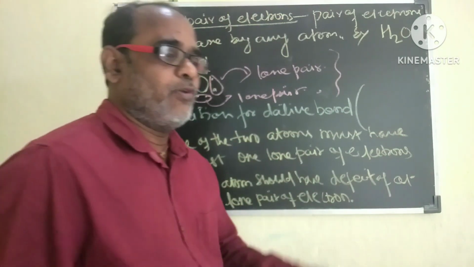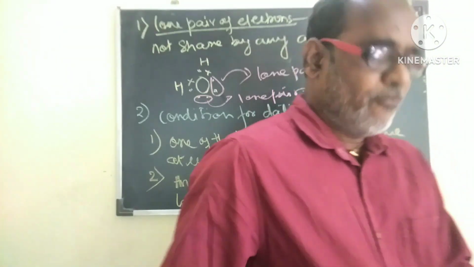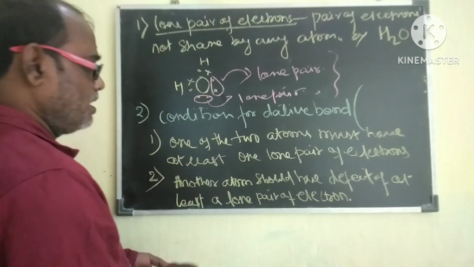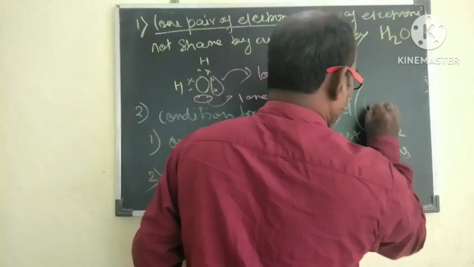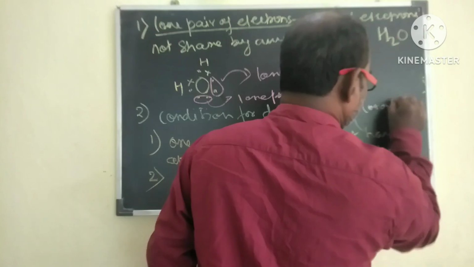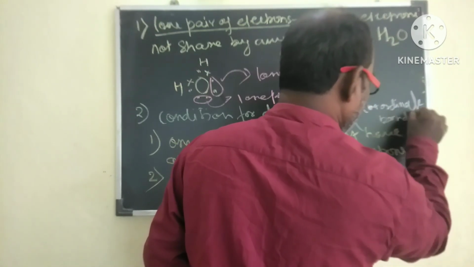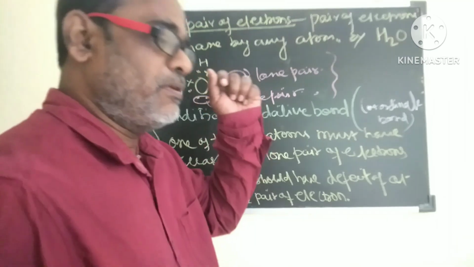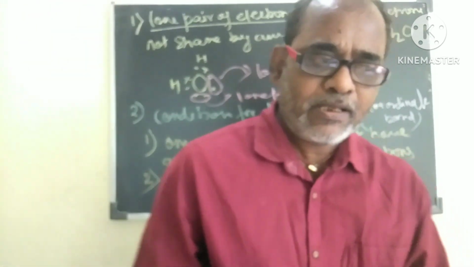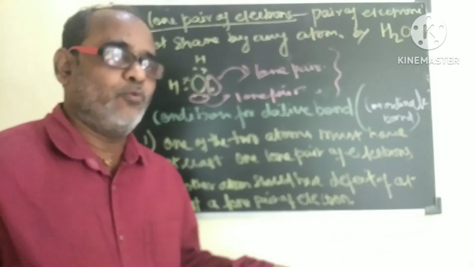Next, as I said, one more bond is formed, that is the dative bond, which is also called the coordinate bond. Here also there is sharing of electrons, and they must have a lone pair.